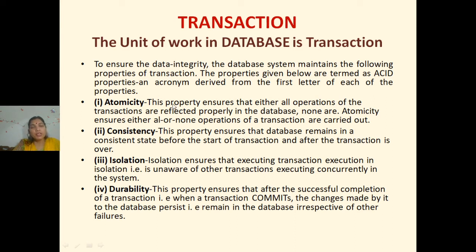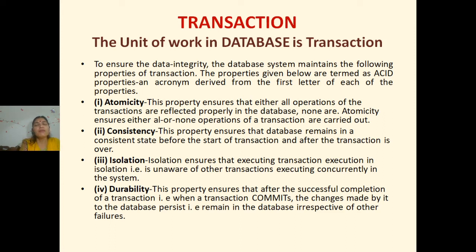See this atomicity feature, it means all the operations of the transactions are reflected properly in the database. It will work completely, and if something fails, the transaction will fail completely. It will never happen that some part of the transaction happens and some part is left out.